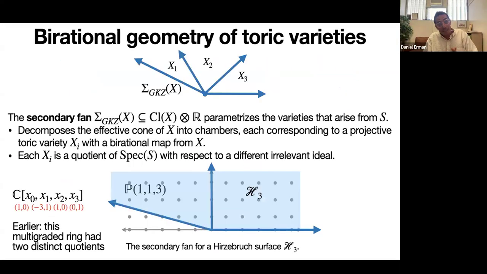So let me give the definitions. Let me explain how this is going to go. This is a bit of a busy slide, but it starts with the following. There's something called a secondary fan, which parameterizes the varieties that arise from a given Cox ring. This has different names in different areas.